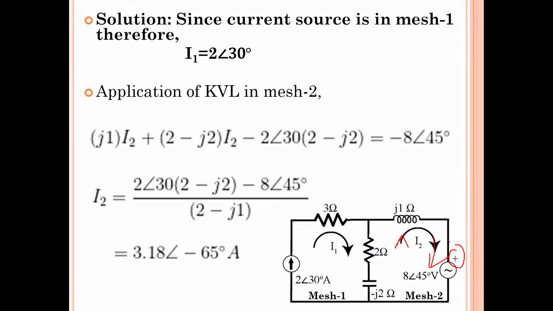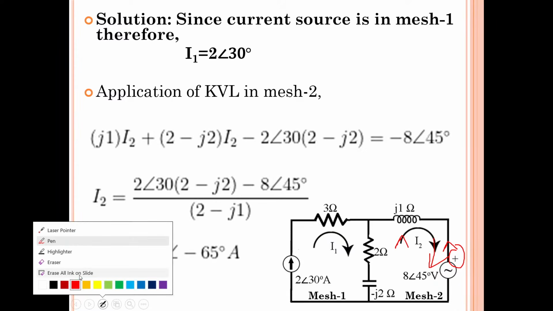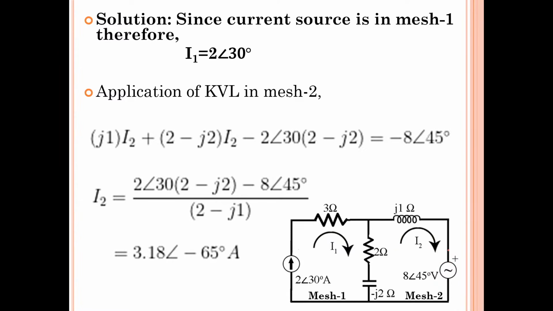According to this plus, current from this source will flow in the upward direction, because the current comes out from the terminal marked plus. And the loop current that we have assumed is in downward direction. The current coming out of the source in upward direction and the loop current are in opposite direction.